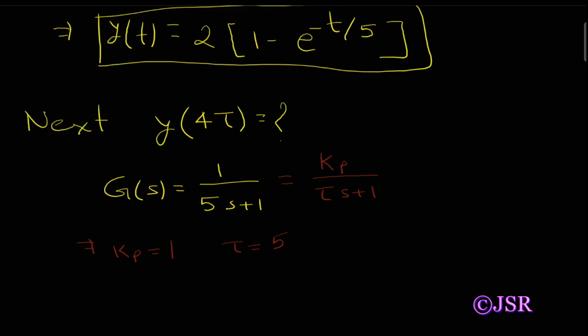So here the time constant is 5, therefore y at 4 tau will be equal to y at 20.